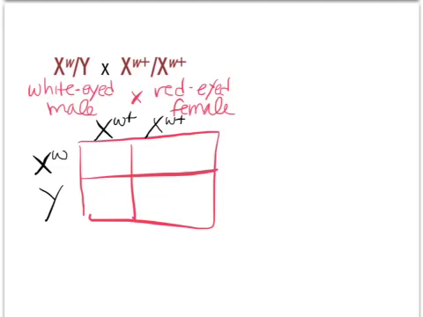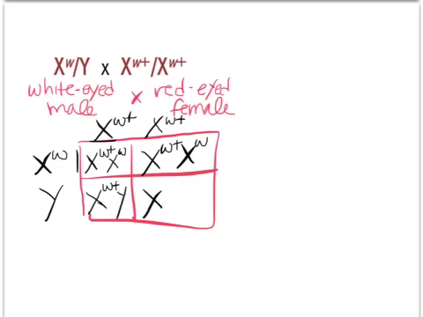Okay, so if this egg met this sperm, we would get this individual. That fly would be a red-eyed female. This would also be a red-eyed female. So what we would get back would be all red-eyed offspring, really.